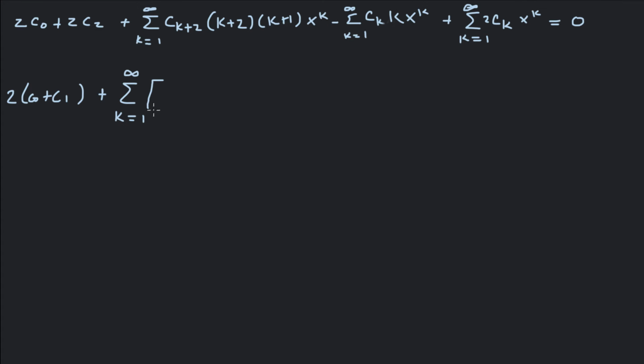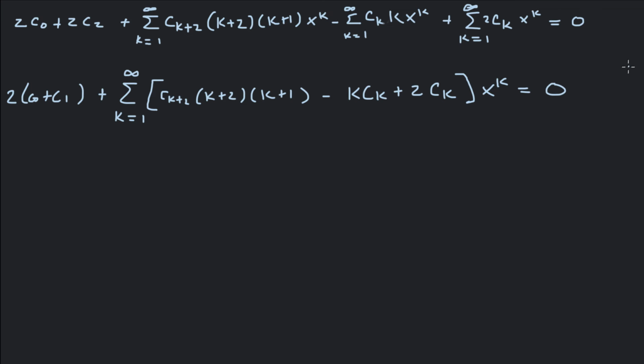We'll put a big bracket here, because we're going to factor out x to the k from each term. So we get ck plus 2 times k plus 2 times k plus 1 minus kck plus 2ck. And we factored out x to the k from each term equals 0.